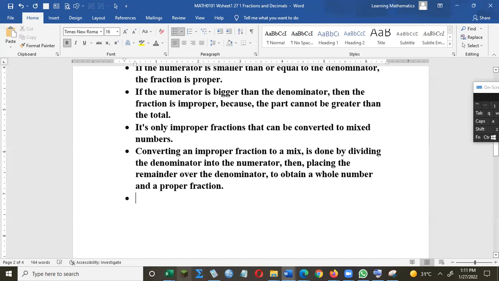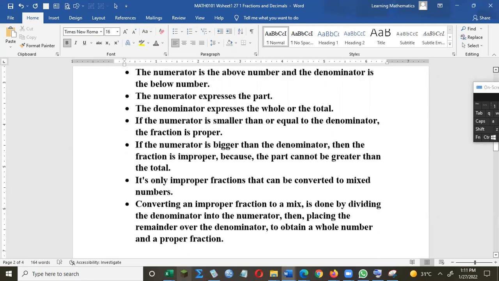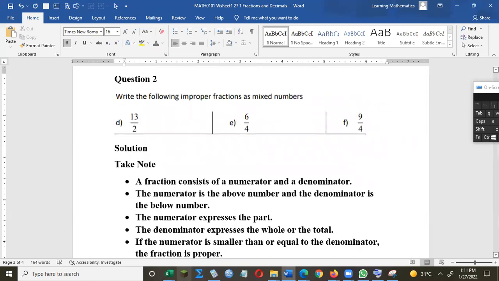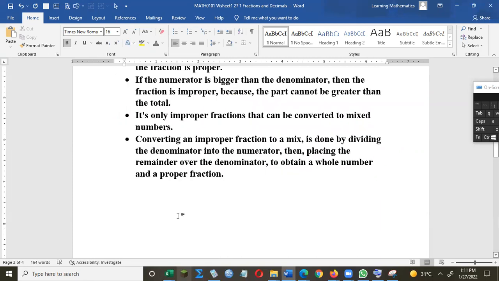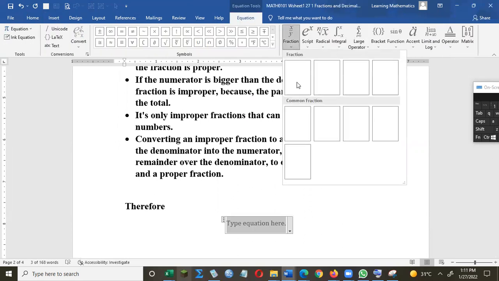So we're going to apply this to 13/2. So therefore, we look for a fraction notation, 13/2.